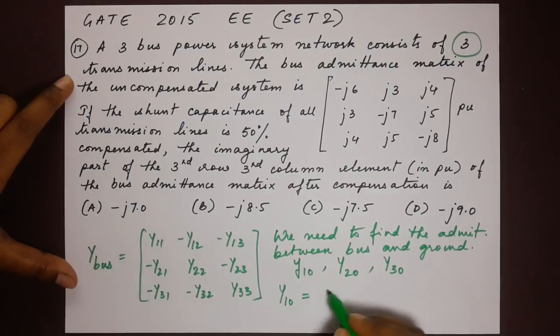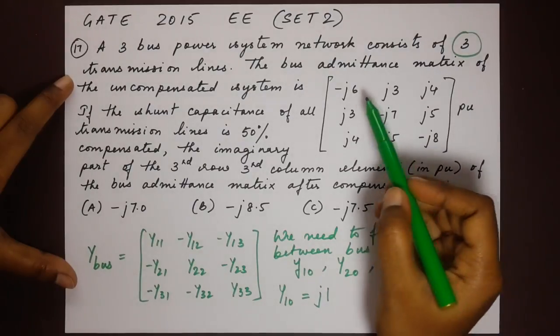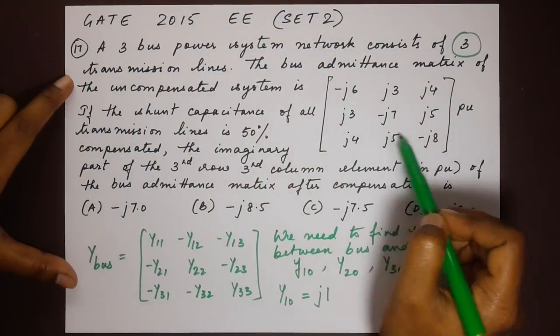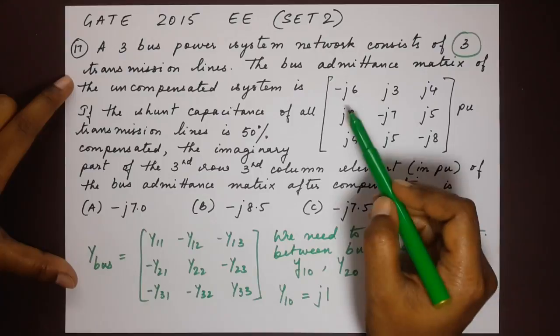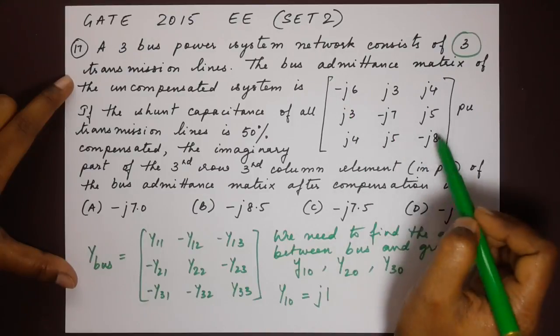Y10 is equal to j1. How, you ask? Well, the key is to add all the elements in that particular row. Now look at the matrix given to us. The admittance matrix of the system is this right here.